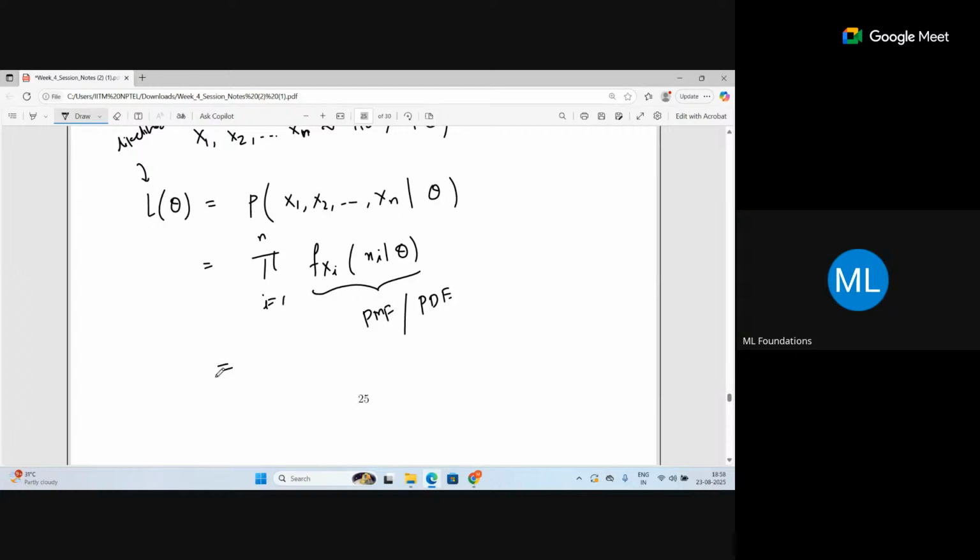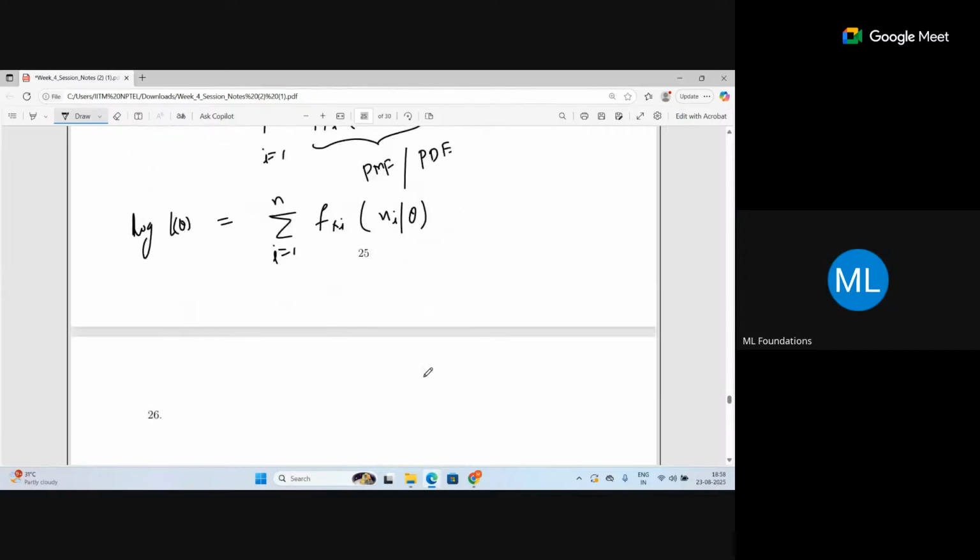And for simplification, you take a log of the likelihood, and then this product will become a summation, right? Sum of i equal to 1 to n of log f of xi given theta.